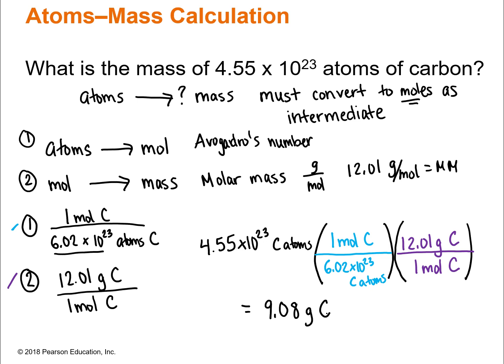And what we're using to determine the number of sig figs is the number of atoms. That's the given information. We don't use the molar mass like that, really. So always go back to the given information in the problem and use that.